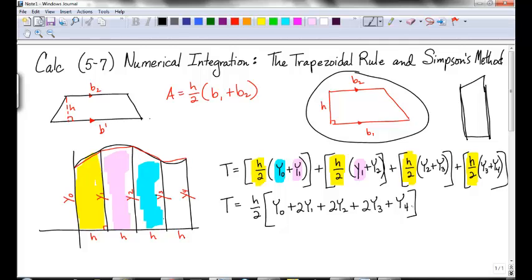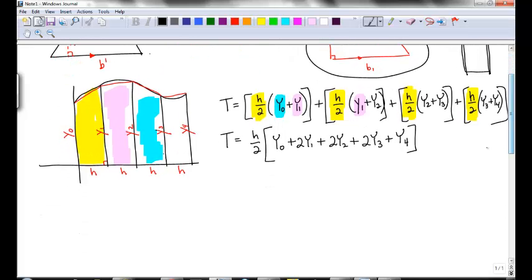Now, if I did this in general, where I had more trapezoids, here's what the formula is going to look like. h over 2, and then y sub 0 plus 2 y sub 1 plus 2 y sub 2 plus, now, give me 3 dots to show that I left terms out, plus 2, and then this is going to be y sub n minus 1 plus y sub n.